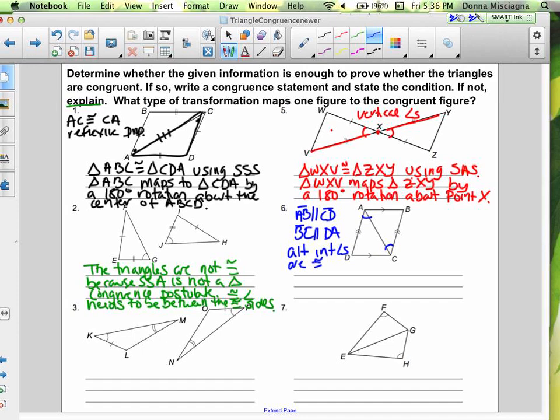This C looks an awful lot like an L, doesn't it? And these two angles are congruent because AB is congruent to DC or CD. And we know this is the reflexive property, AC is congruent to CA. And that's the reflexive property.